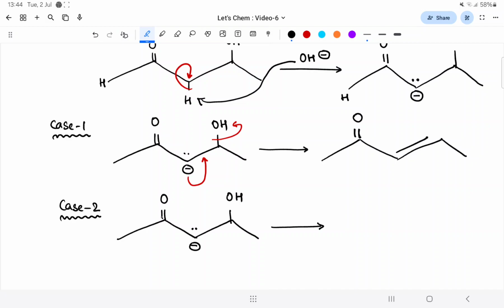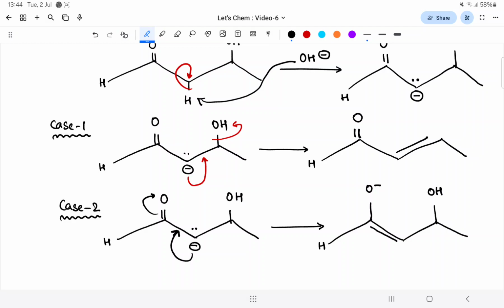I'll shift this oxygen bond here, and this charge I shift here. Now what I get is something like this: OH here, O minus here, and a pi bond here. This H is still there, I keep on writing it. Sometimes I forget to write.